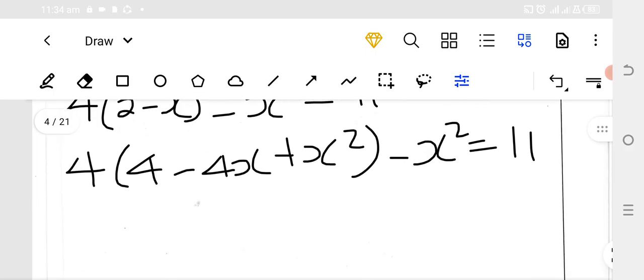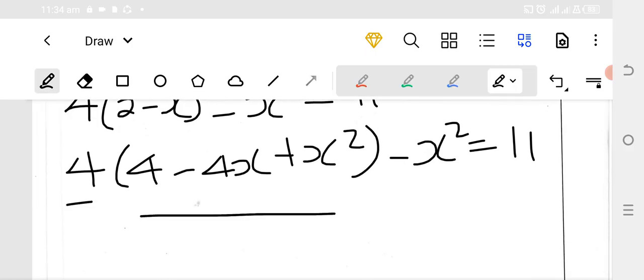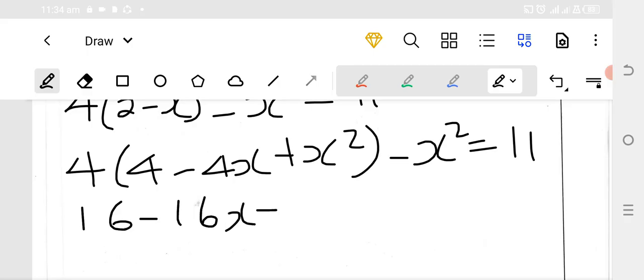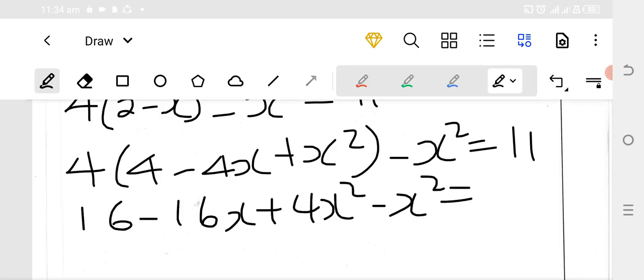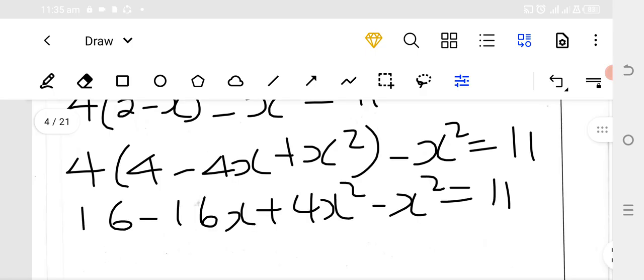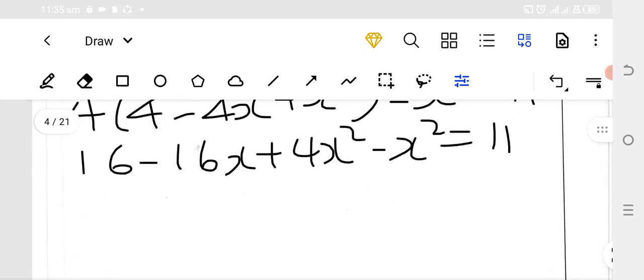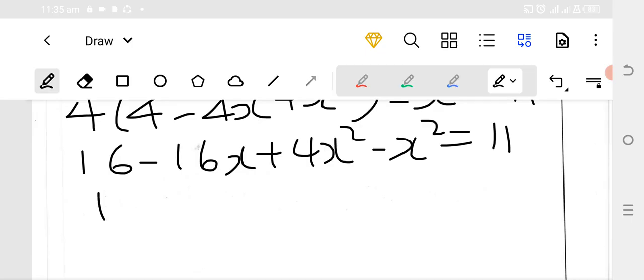We distribute the 4 in this bracket. It's going to be 16 minus 16x plus 4x squared minus x squared is equal to 11. You group the like terms together. So they're already grouped together, so you don't even need to move anything. You just need to simplify. Let's form a quadratic rather.